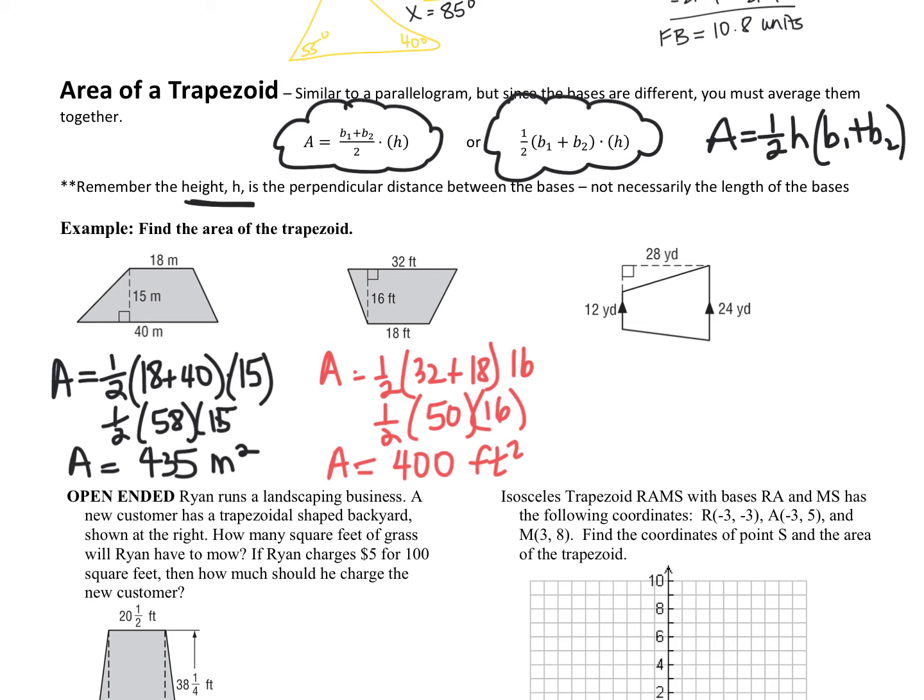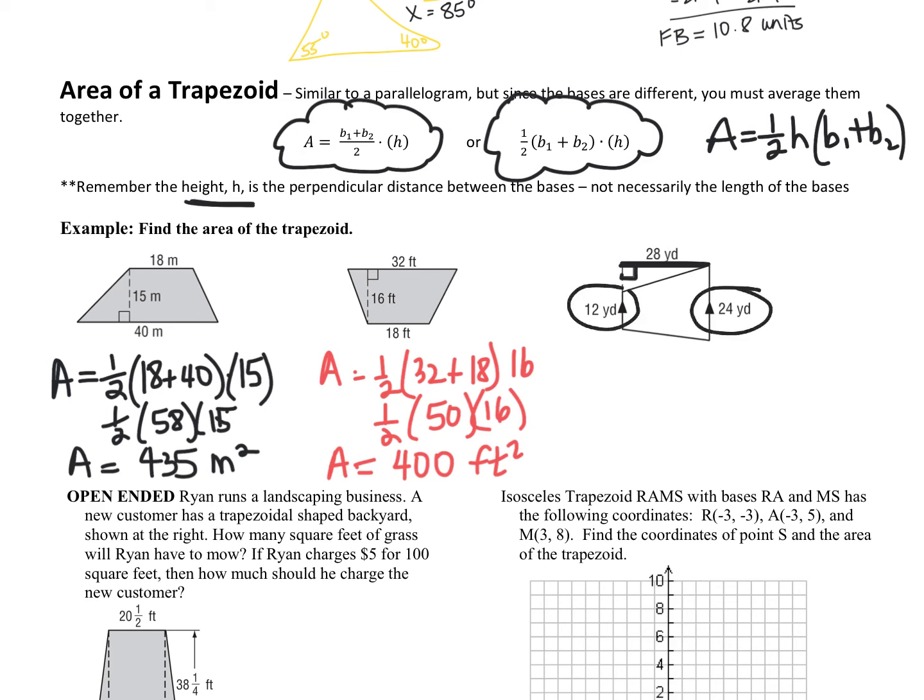Notice that this is the distance between my parallel lines. It is perpendicular, but even though it's outside, it's still perpendicular to the line that contains that base. Remember that the bases are the parallel sides.